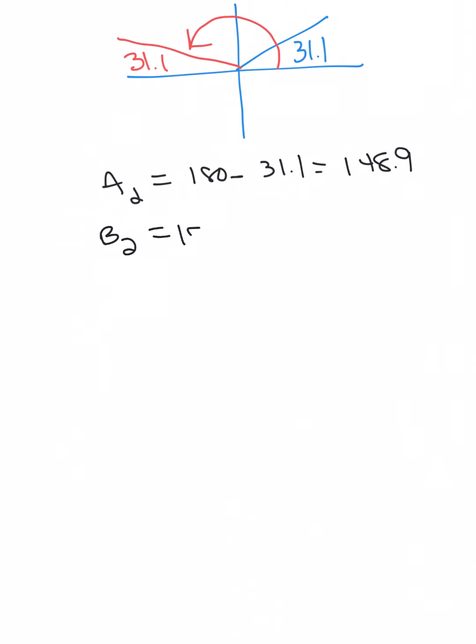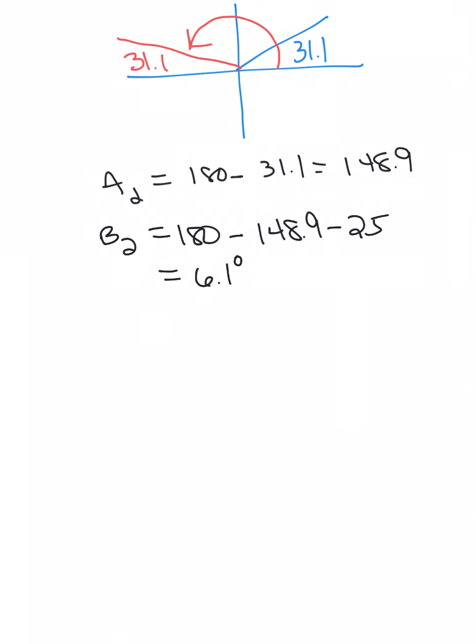So we're going to take 180 minus angle A, which we just said is 148.9, minus angle C, which we were given is 25. If you do that subtraction, you do have an answer of 6.1 degrees. So what that tells me is, yes, I do have a second angle in this ambiguous case.